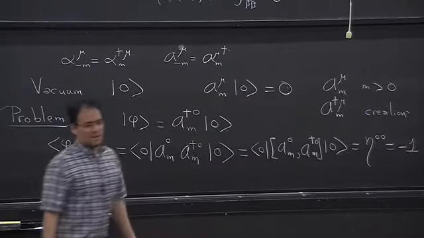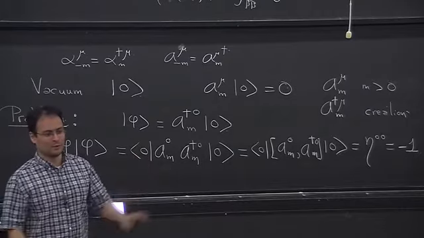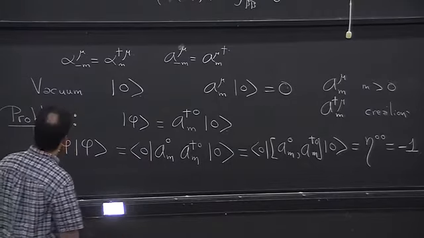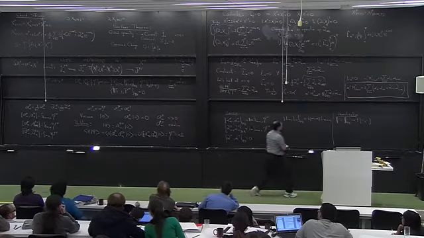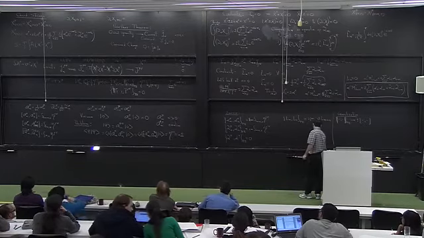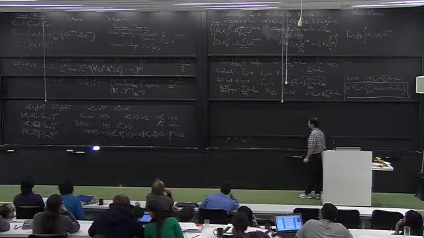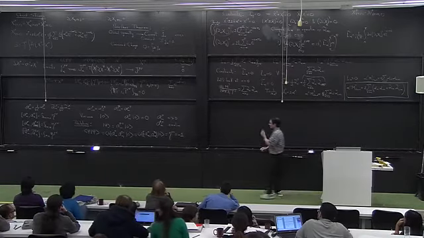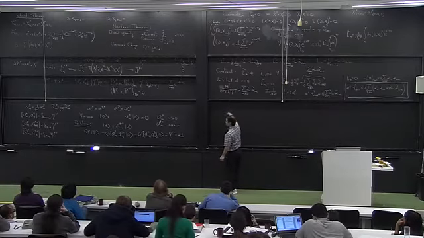You would say, okay, it's just one state. Big deal. Maybe we can just pretend that it's not there. Well, it's actually much, much worse than that. So here is an exercise for you, which should be trivial.